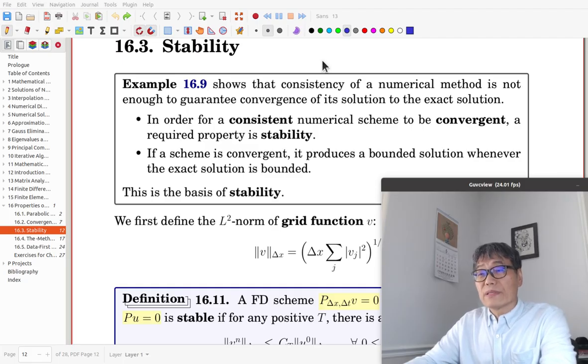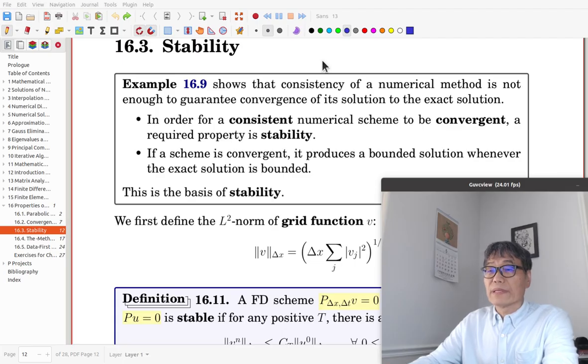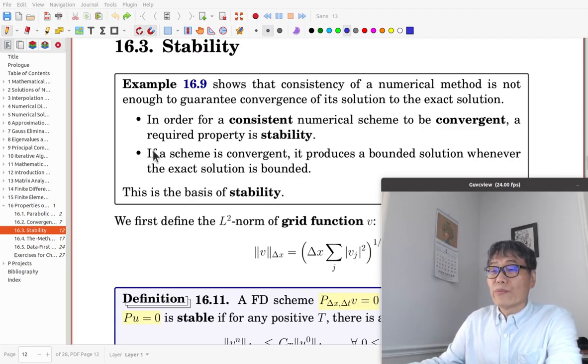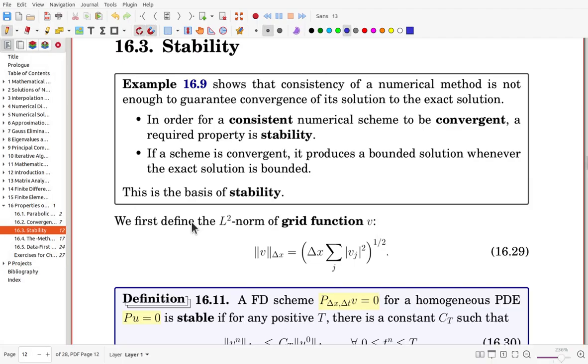If a scheme is convergent, the scheme will produce a bounded solution whenever the exact solution is bounded. This is the key concept of stability. Let's begin with a definition for grid functions.